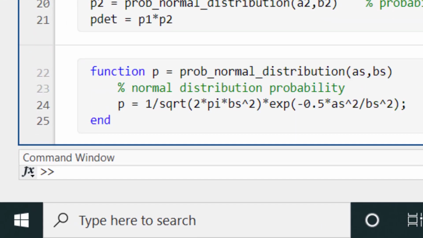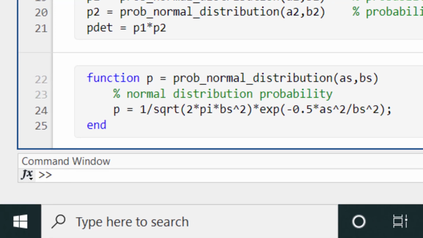First, our function is here at the end of our script, where we have the function p equal to the probability of the normal distribution, where as is the mean, bs is the standard deviation, and we stuck in the formula that we just saw, 1 over the square root of 2 pi bs squared times e to the negative 1/2 as squared over bs squared.